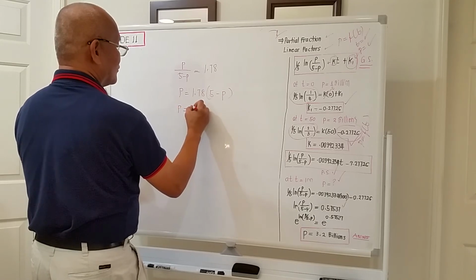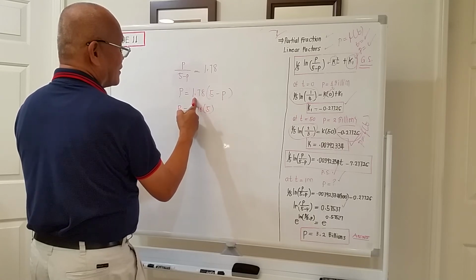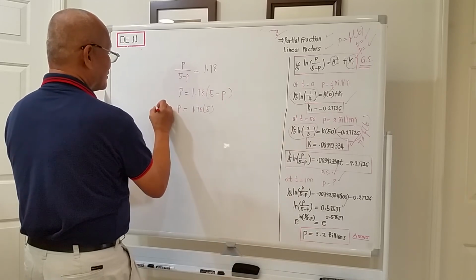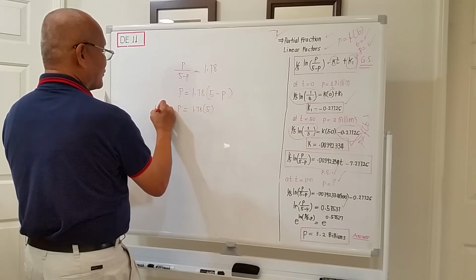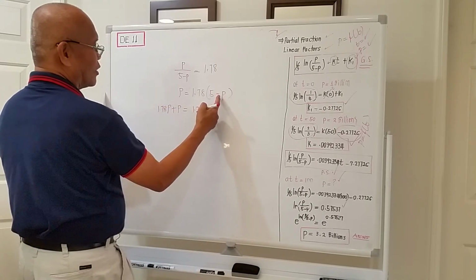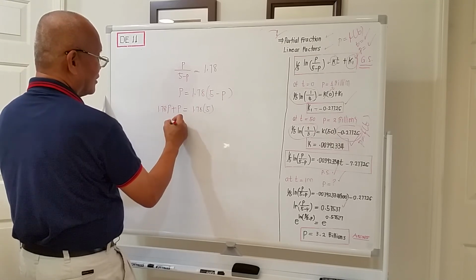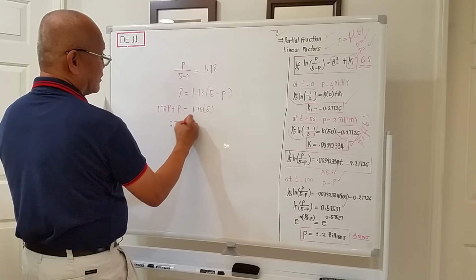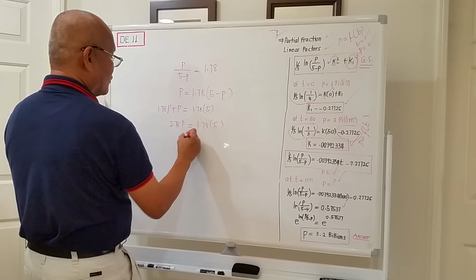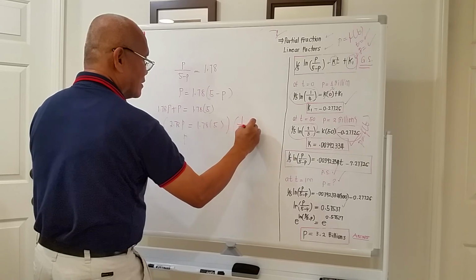P equal to 1.78 times 5, okay? 1.78 times P will be negative 1.78P, right? We will place it on the left, so this is plus 1.78P after the transposition. 1.78P plus P is actually 2.78P equal to 1.78 times 5. And P now will be, you multiply this by 1 over 2.78.